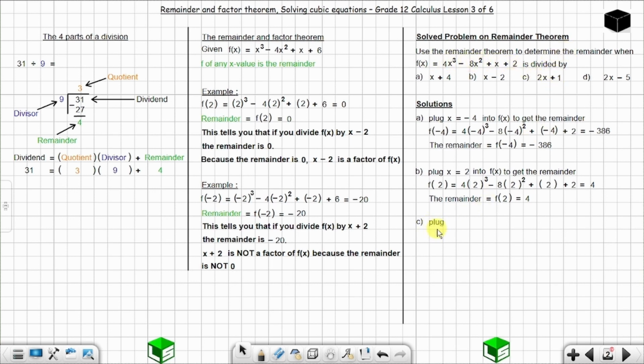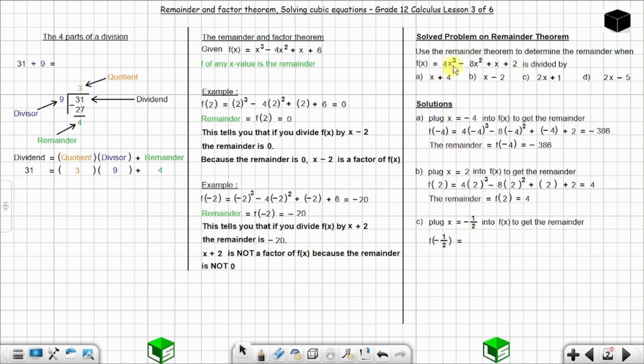You are going to plug x is equal to negative 1 over 2 into f of x to get the remainder. Okay, so f of negative 1 over 2 is equal to, you are going to plug negative 1 over 2 wherever you have x.